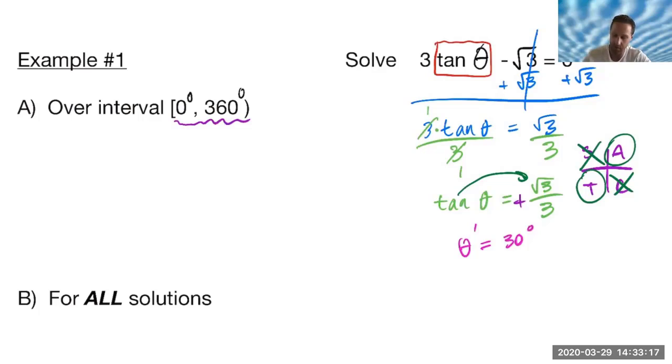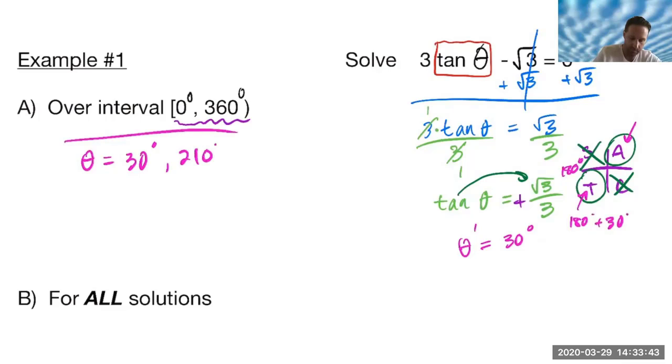Our answers are therefore going to be in quadrant 1 and quadrant 3, which means we're going to take 180 degrees and add 30 to it. So our answers for theta in quadrant 1 is our reference angle 30, and in quadrant 3 it would be 180 plus 30, for a total of 210 degrees.